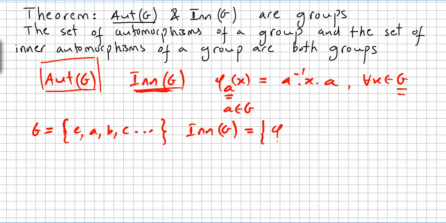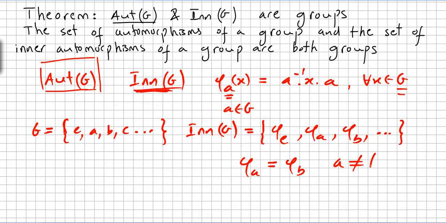You just pick phi and you do phi of the identity, phi of A, phi of B, etc. Of course, this list might have some duplications, because phi of A might be equal to phi of B, even if A is different from B. There are plenty of examples of this, and this is an excellent exercise: you can find a group G where A is different from B, but phi of A and phi of B are the same.